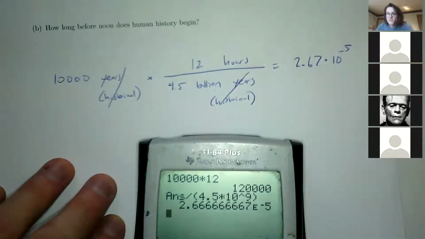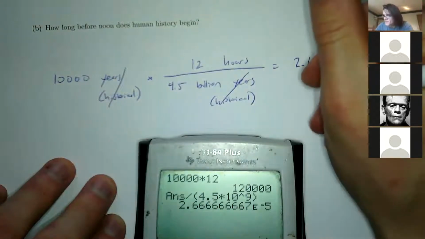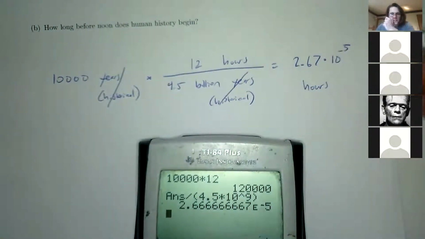So it's tiny, but not too tiny. And this is in hours. So it's not super helpful. This is an answer, and you could have left it like this, but there's a better way.